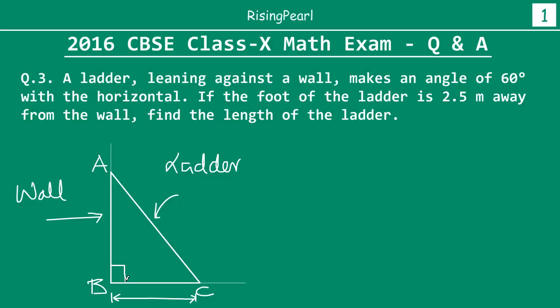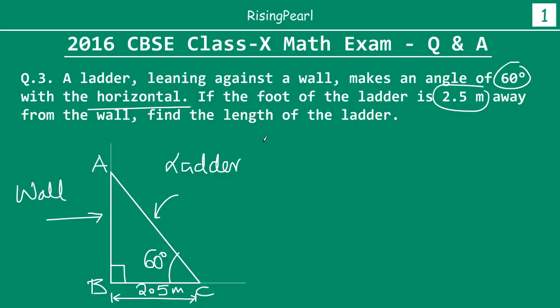So this is 90 degrees, and this is 2.5 meters. Also this angle is given, this angle is 60 degrees, because the ladder is leaning against the wall and makes 60 degrees with the horizontal.